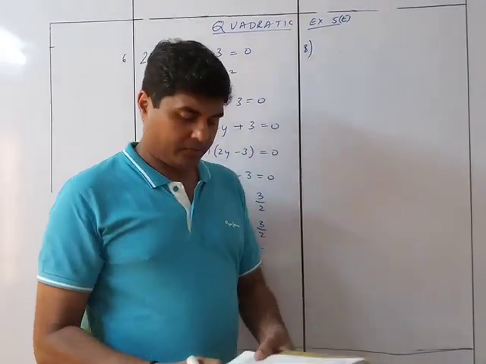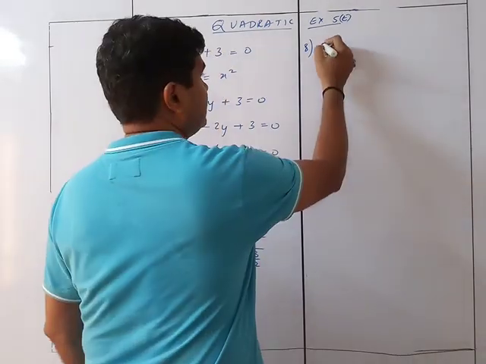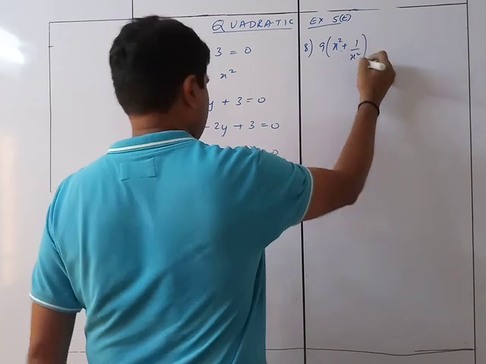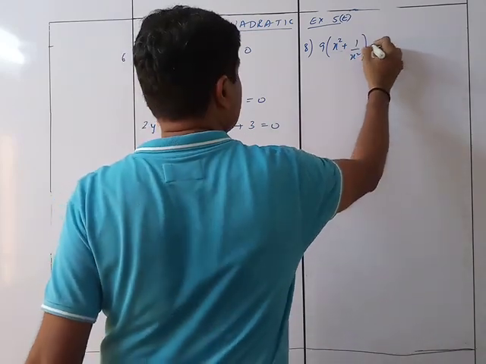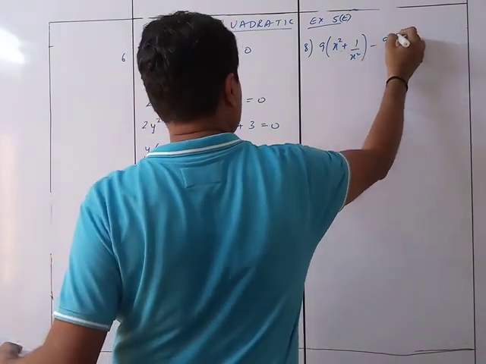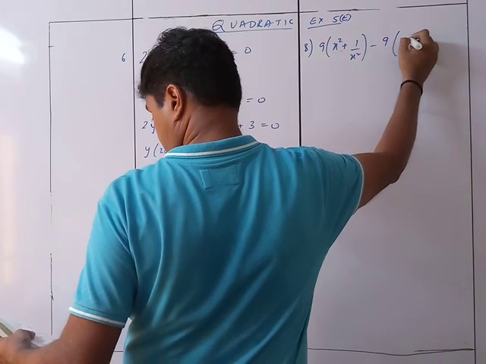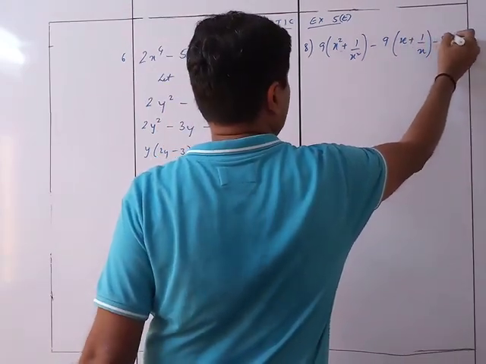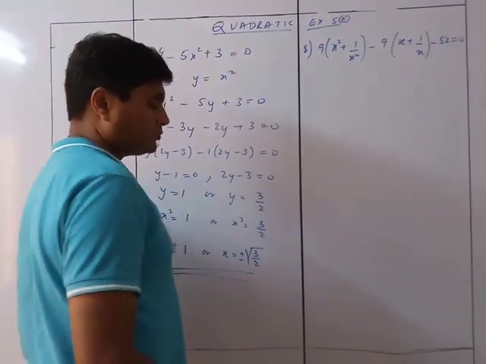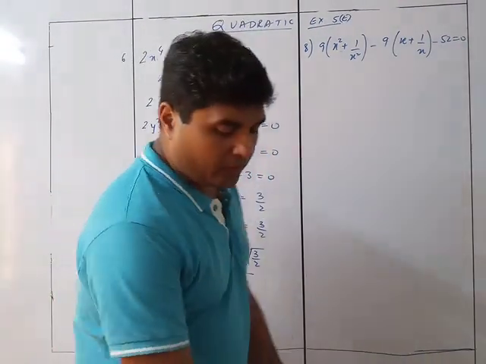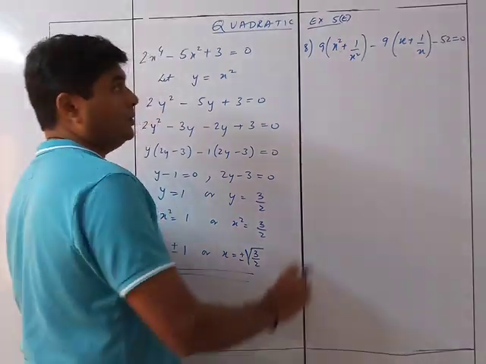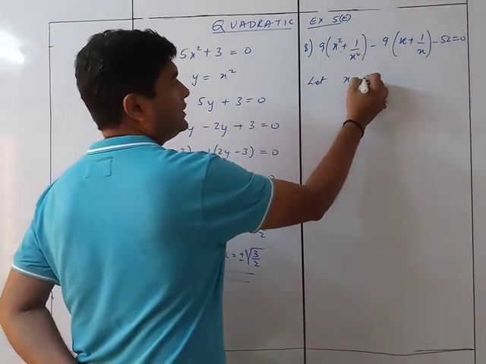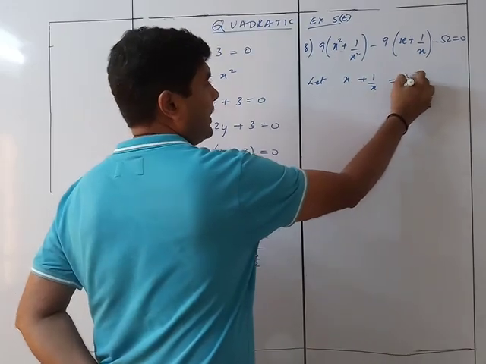Sum number 8, you got over here as 9 times x square plus 1 upon x square minus 9 times x plus 1 upon x minus 52 is equal to 0. So here what we'll do is let x plus 1 upon x is equal to y.